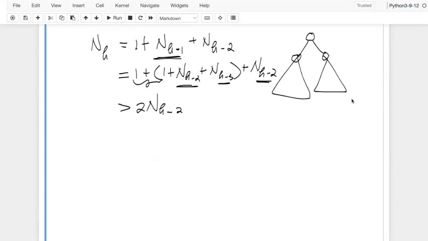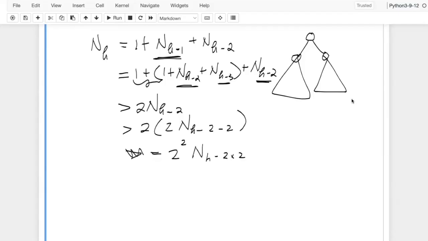Okay, so we can do one more iteration. This is 2 times n_(h-2) minus 2, which is going to be 2 times 2 times n_(h-2) times 2.